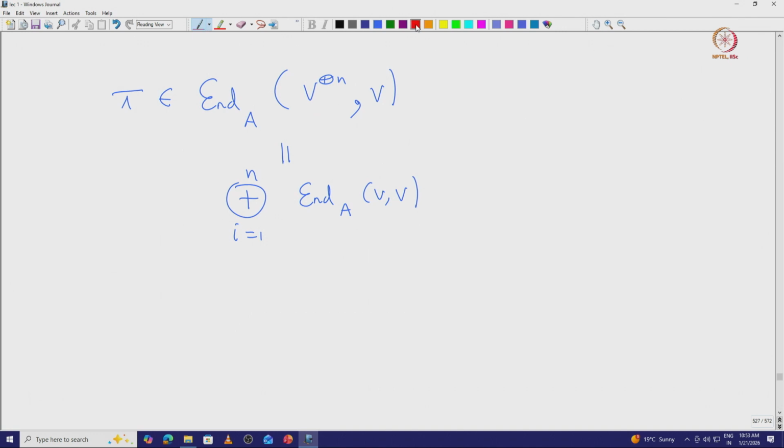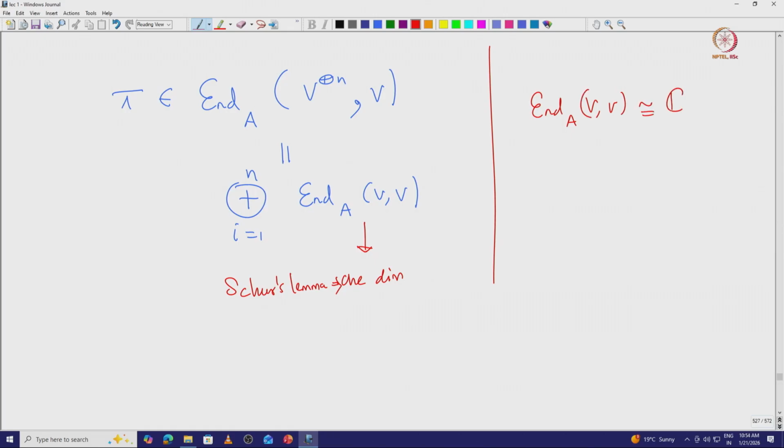Schur's lemma guarantees that this is indeed one dimensional. So, that means what can I say about this endomorphism of V comma V? This is exactly given by this one dimensional space spanned by the identity of V.